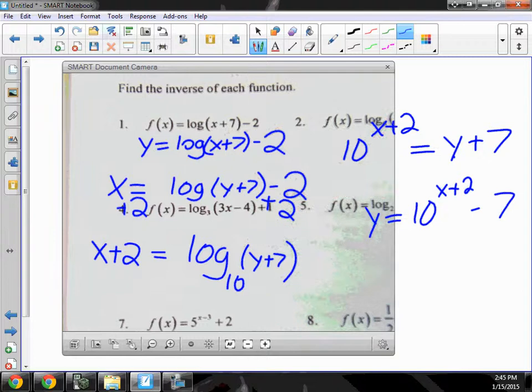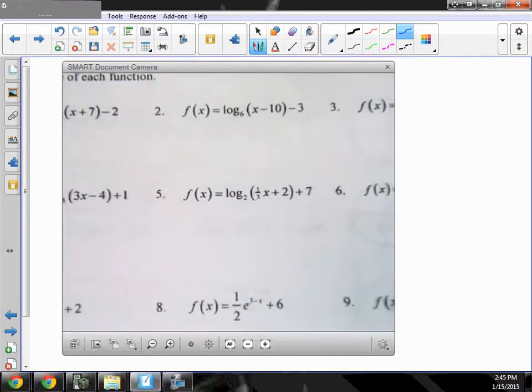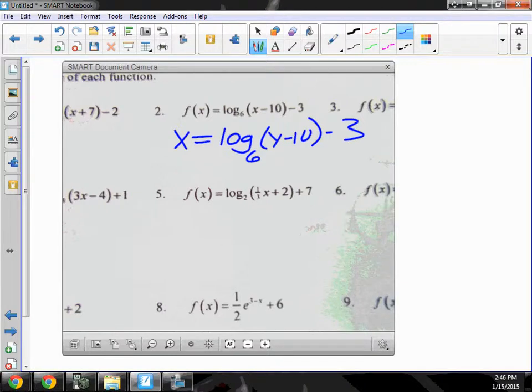Yeah, it's not bad. So let's do number 2. So x equals log base 6 of y minus 10 minus 3. So I have already performed the inverse. Now I need to solve for y. Before I can convert to exponent, what do I need to do? Add the 3.